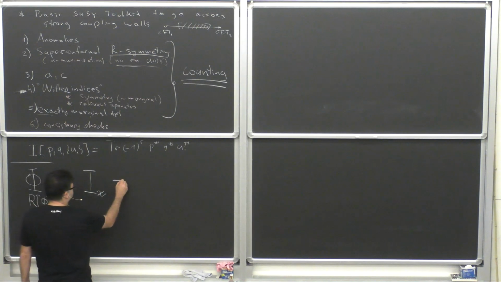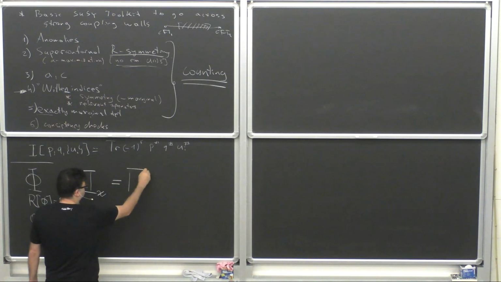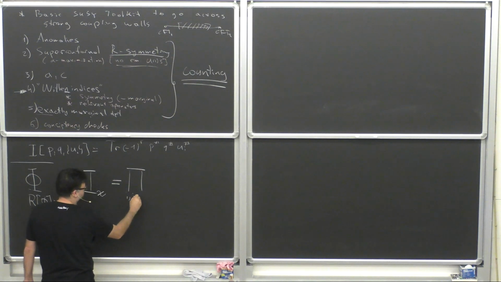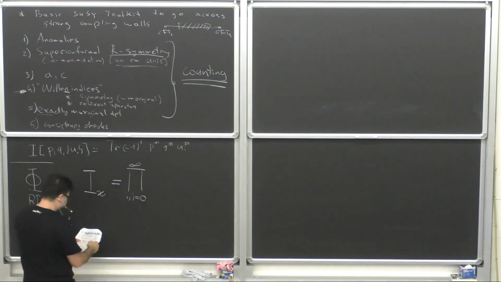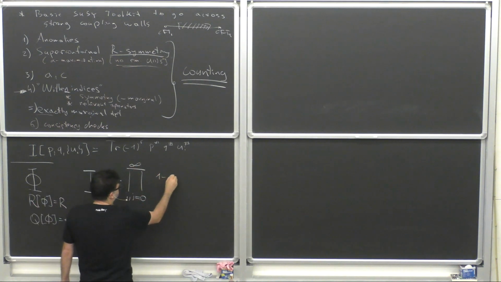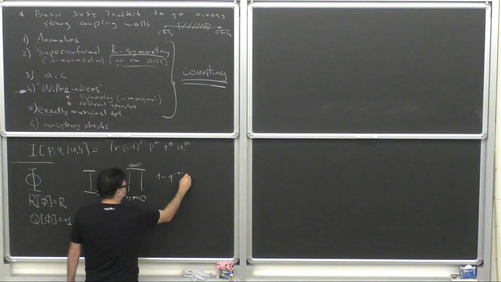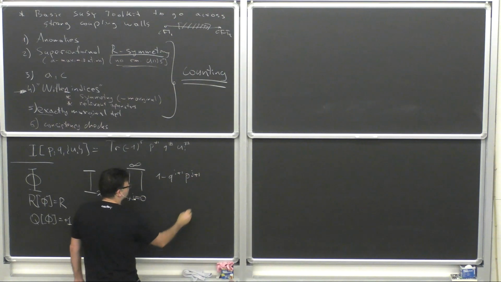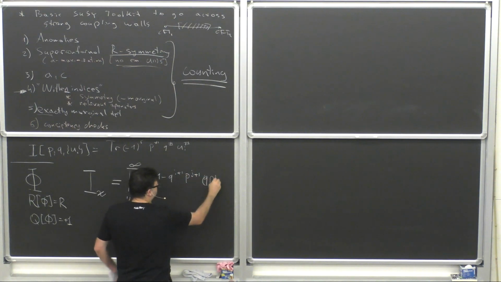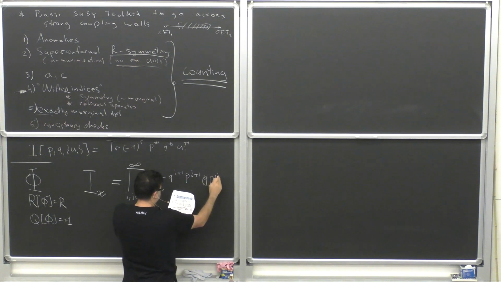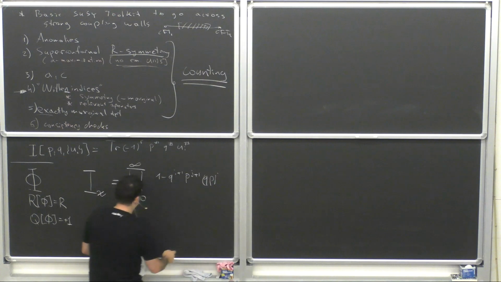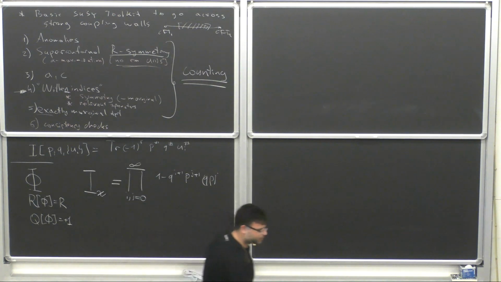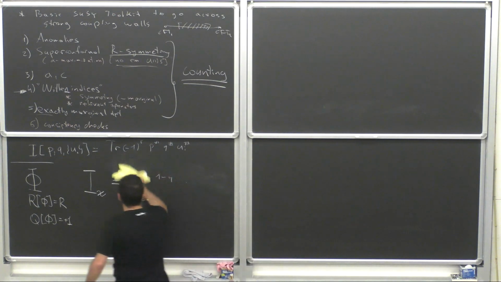So it's a very simple function. It's a double product, a product over i, j equals 0 to infinity. I get confused with my notations.